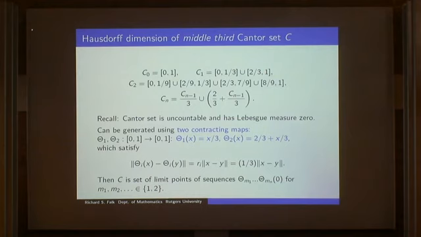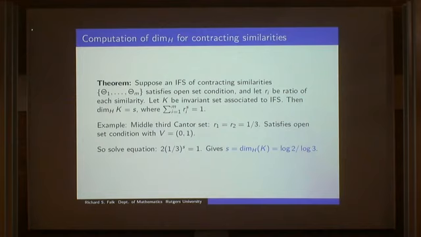So I have the two maps, theta 1, theta 2. I take all the compositions of these maps. I look at the limit points. There's a theorem, not new to me, but there's a theorem. When you have this situation, contracting similarities, they satisfy some open set condition. I won't define it. It's a technical condition. R_i is the ratio of the similarities.